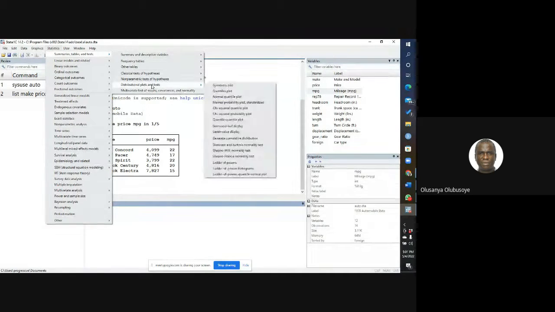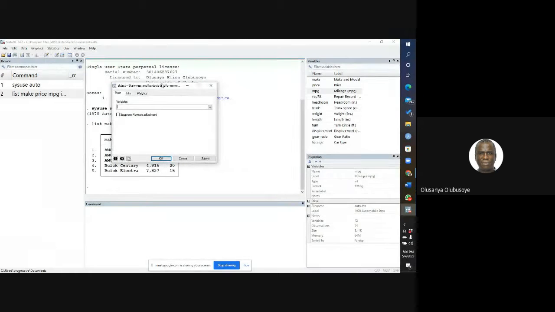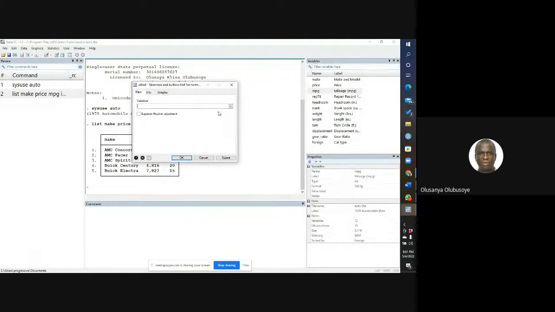Then go to distributional plots and tests, and then come down to skewness and kurtosis normality test. Click it to have the window. And then you see the drop down arrow. Look for the variable of interest.